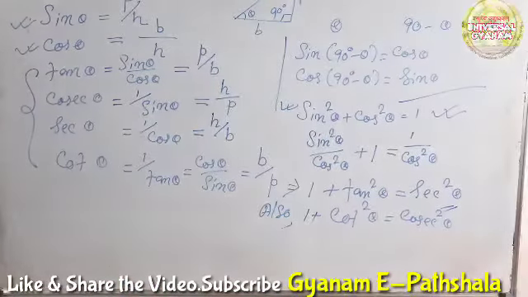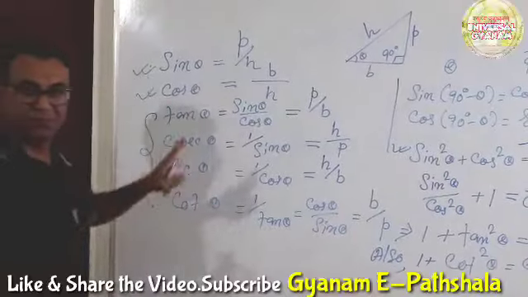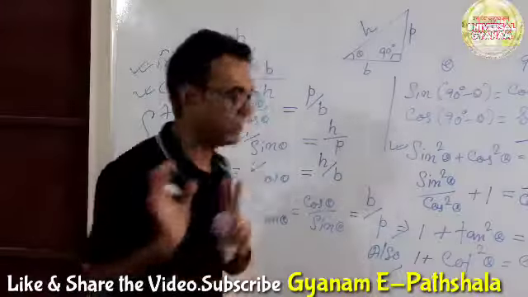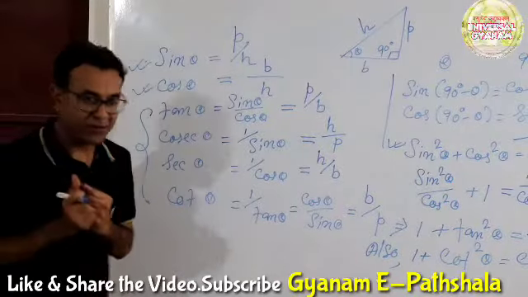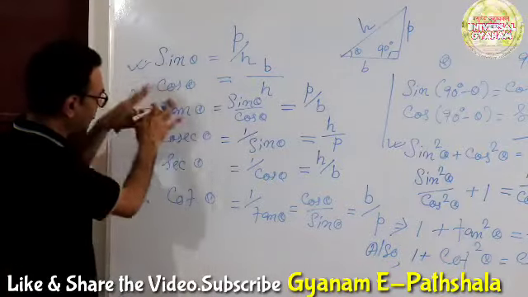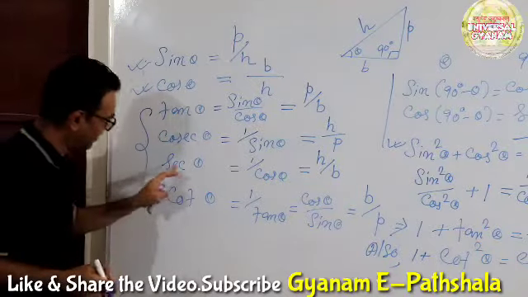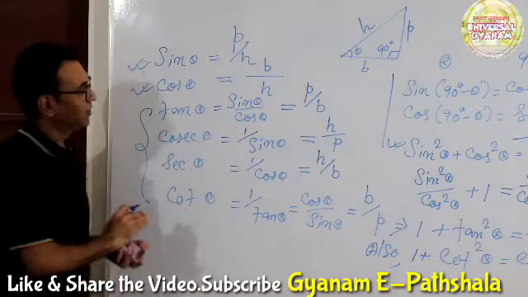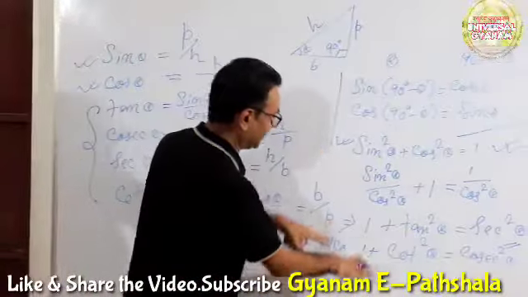So in the entire chapter, in the entire world of trigonometry at the level of class 10, what we are doing is, we are remembering what's sine, what's cos, and from there we move on to tan, cosec, sec, cot. Thereafter we come to complementary angles, and then we come to identities.